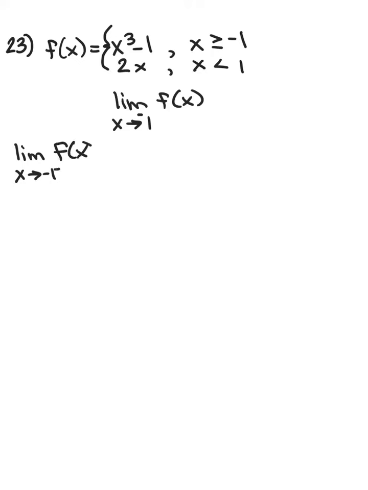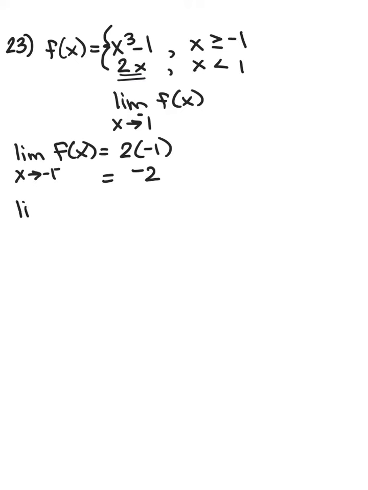When I look from the left, I'm going to look at the piece that is all the values less than -1. So that would be this piece. So from the left, I'm going to substitute the value -1 into that piece. So that means the limit as I approach -1 from the left is -2.